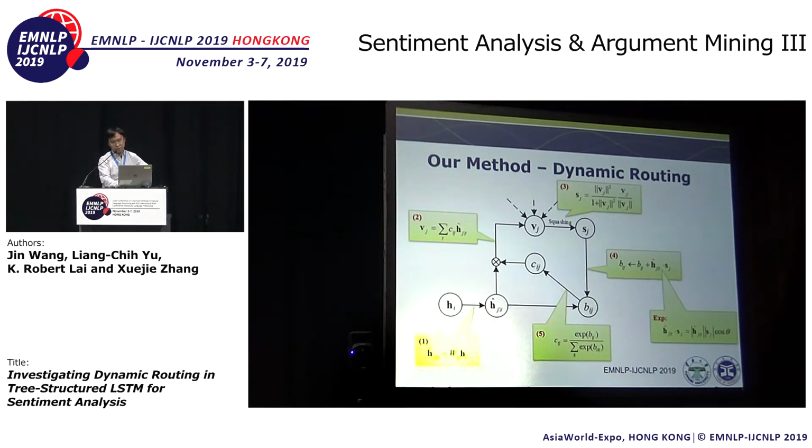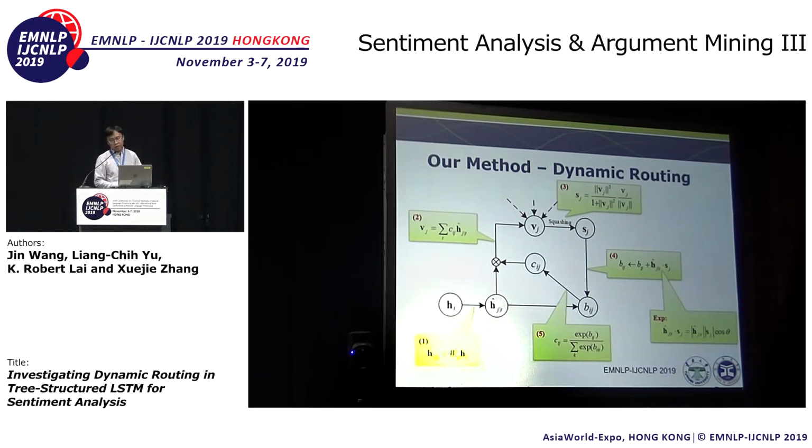In the first step, the input capsule H hat is obtained from H_t with an inner transformation. Then V_j is a weighted sum over all H hat. The output capsule S_j is produced from a non-linear function of V_j.